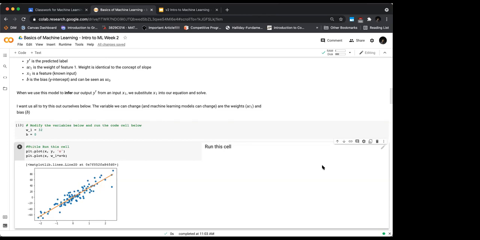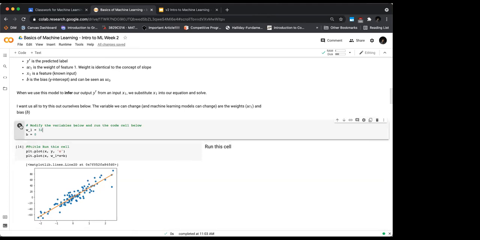I'm not sure why, but it's not working, and no matter what I put, it doesn't change. I think I'm running the correct cell because I'm pressing the one that says run this cell.